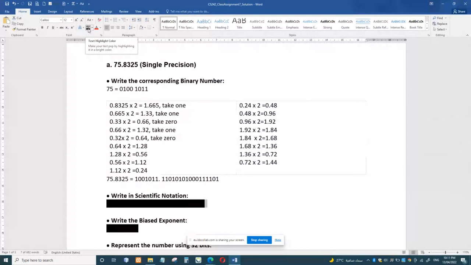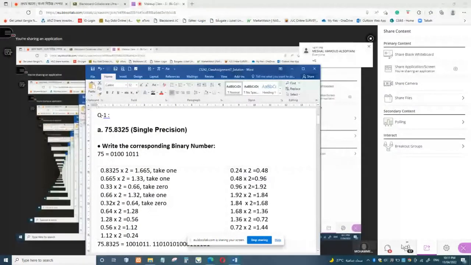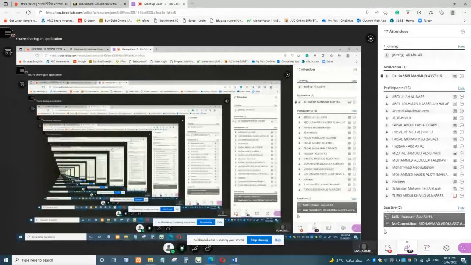Are you there? Is anyone right there? Is it plus 6 or minus 6? Minus 6? If you shift to the left, will it be plus 6 or minus 6? Plus. I can see only 17 students.